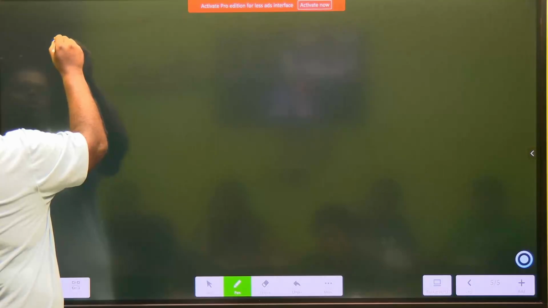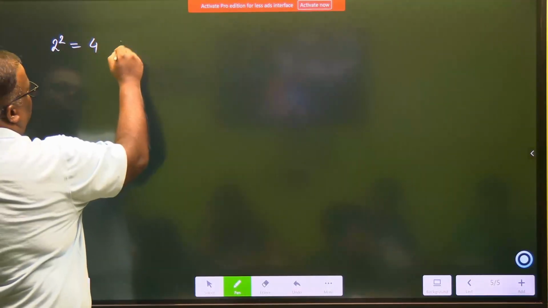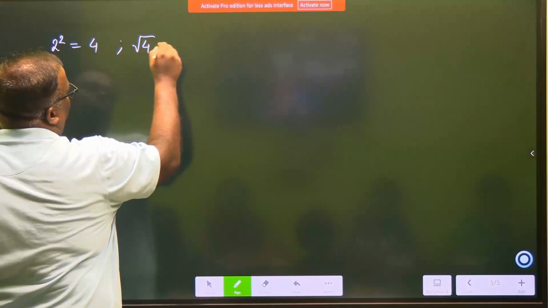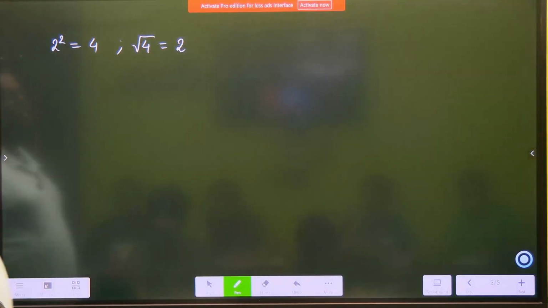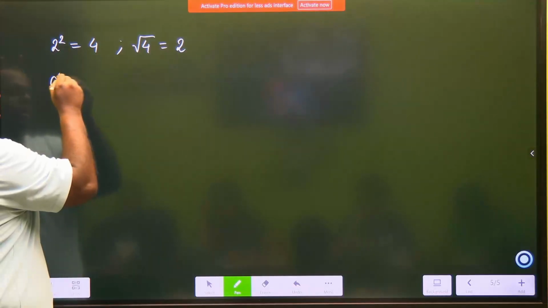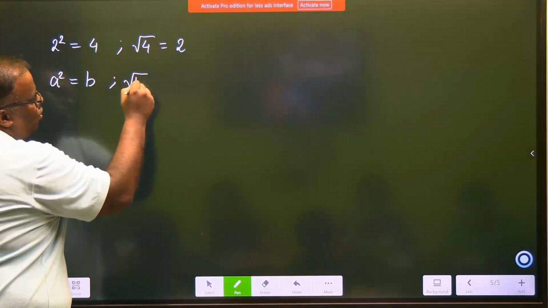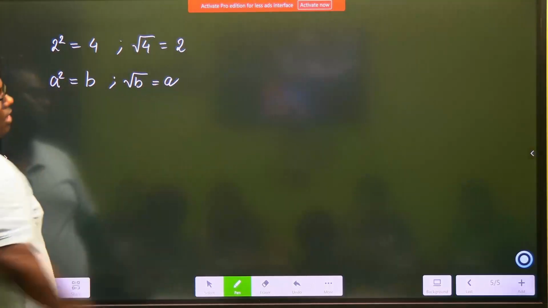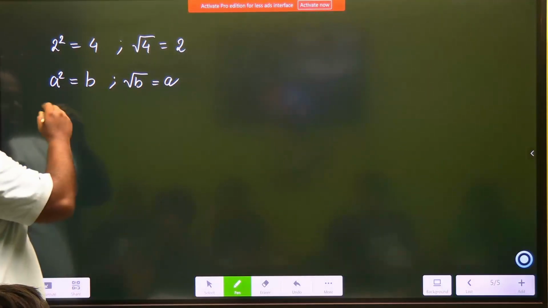If 2 square gives me 4, it is understood that square root of 4 should give me back 2. Right? So if a square gives me a number b in standard form, a root of b should give me back a. Clear?